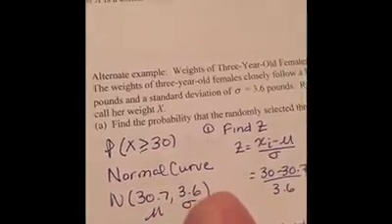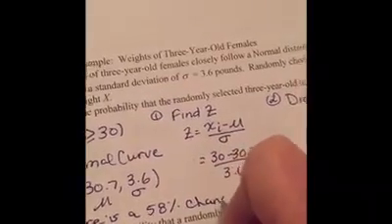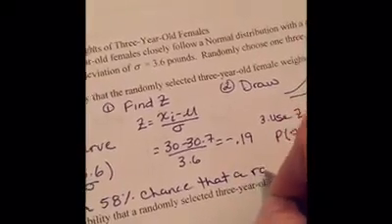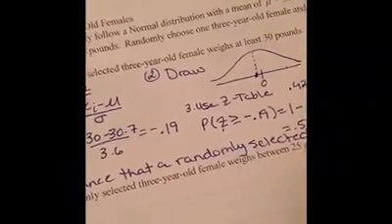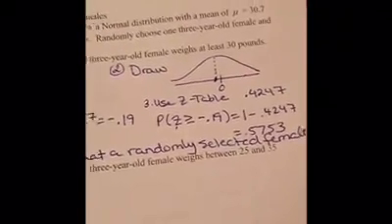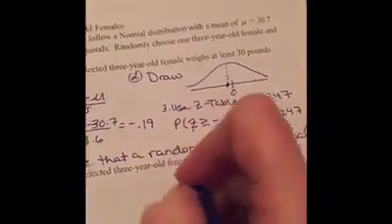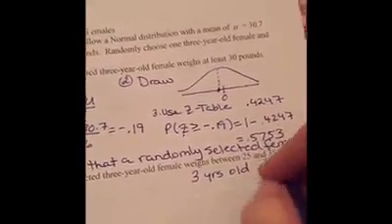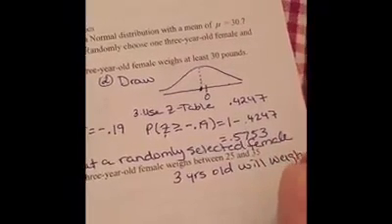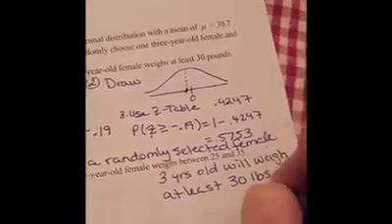Interpreting it, we would say there is a 58% chance, because I'm just rounding it, that a randomly selected female 3-year-old will weigh at least 30 pounds, because that's what we were looking for.